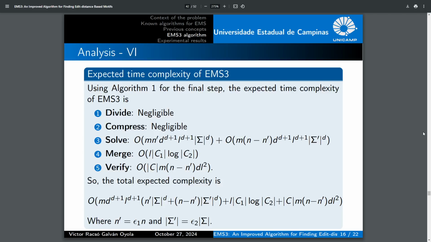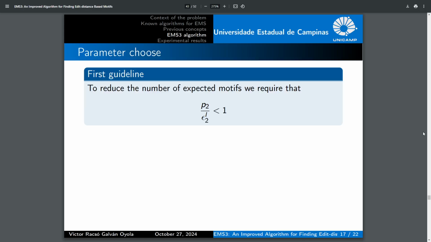Now, we might be interested in balancing those complexities on I1 and I2. So we are going to set some guidelines to choose the parameters.